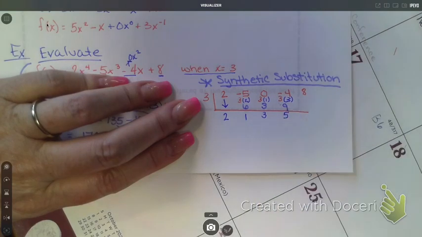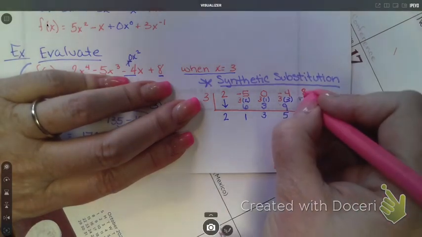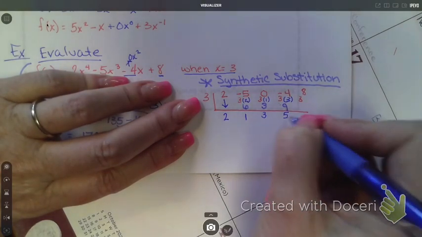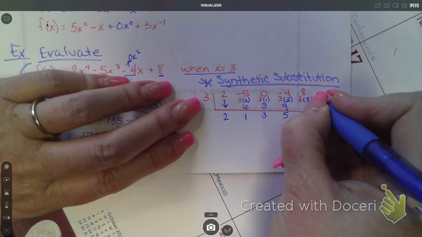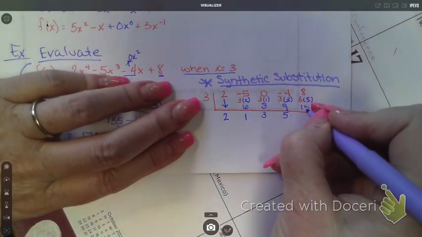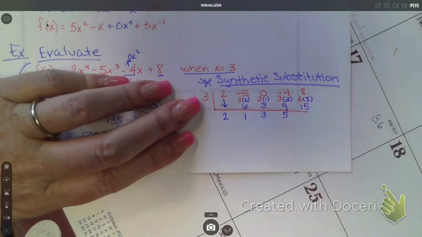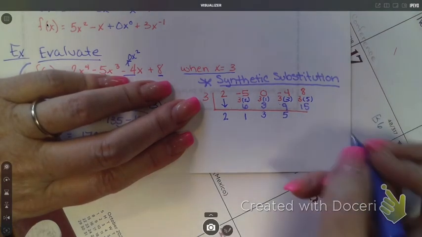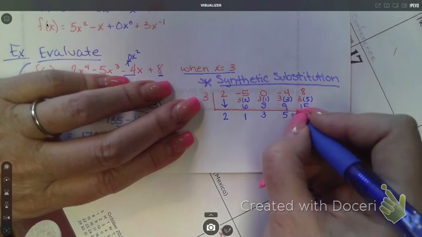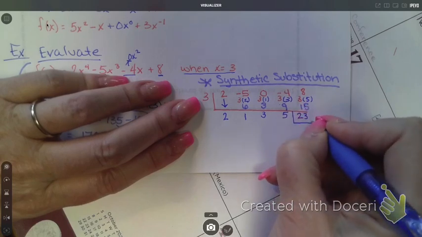What's the next one going to be? 3 times 5, 15. And 8 and 15 is 23. Okay. That's our answer.